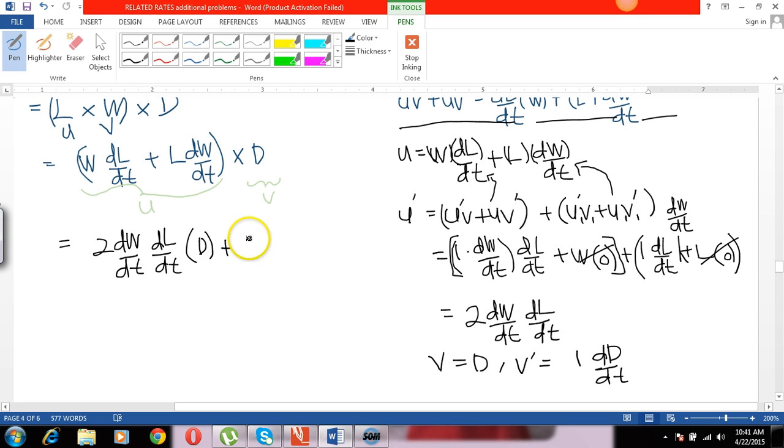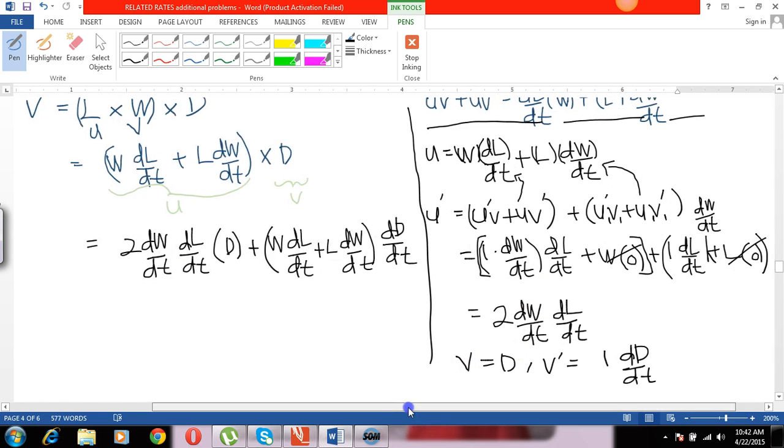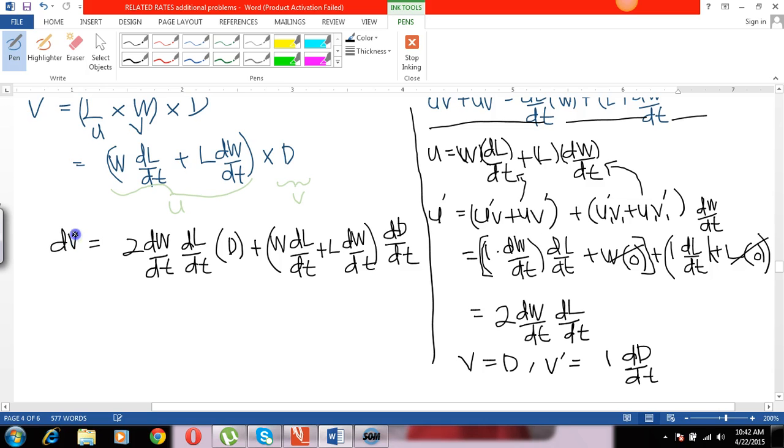Your U should be W dL over dt plus L dW over dt, times V prime, which is dt over dt. Okay, this is the formula after we differentiate dV over dt.